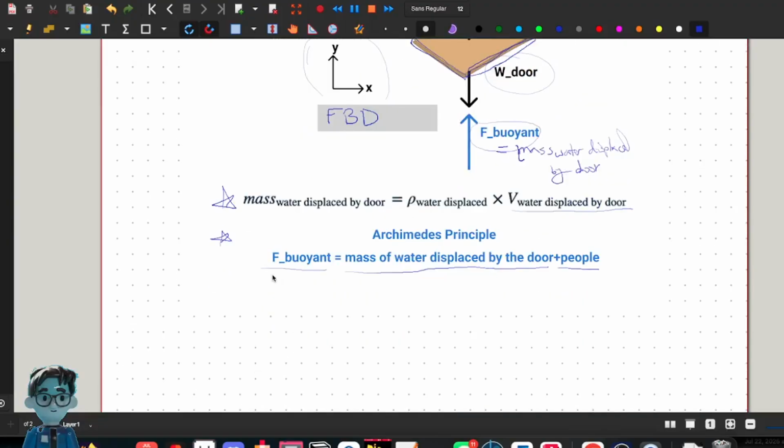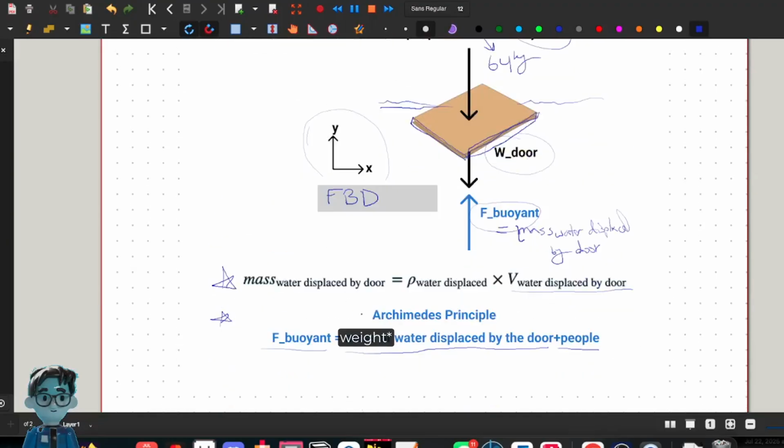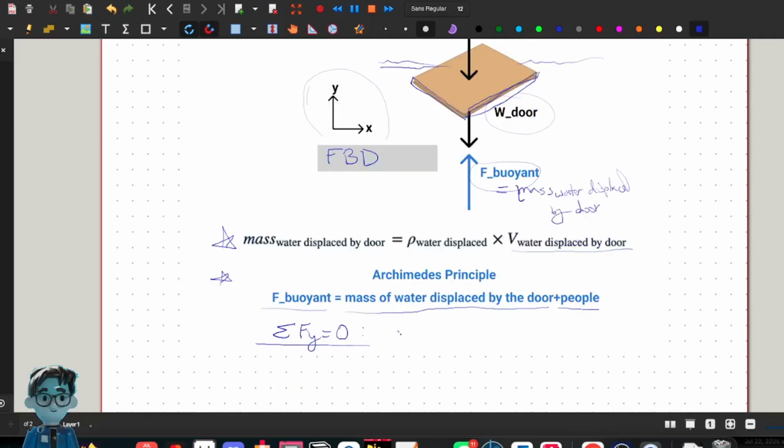We can start using this free body diagram. We'll do sum of forces in the y direction is equal to 0. It's in static equilibrium, first of all, meaning we're taking this door and we're seeing all the forces acting on it. So there is, we'll call it the weight of Jack, that is pointing down, and using our coordinate system that means negative.